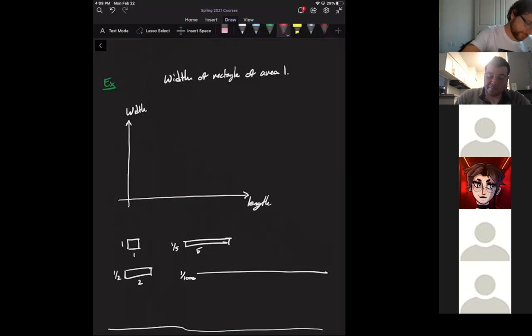If you know the length, you can also determine the width, because the length times the width equals the area, and we know the area has to be 1. So if the length was 1, then the width would be 1. So this point is on our graph. But maybe we don't want to devote that much length. If we only had half the length, we'd end up doubling the width.